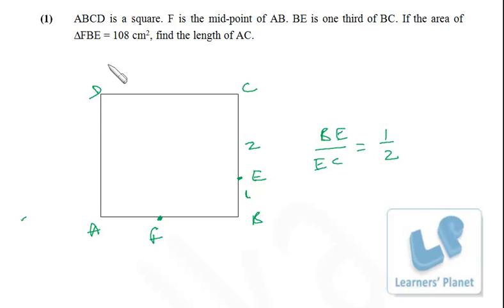The area of FBE is 108. We have to find the length AC, which is precisely the diagonal of the square.